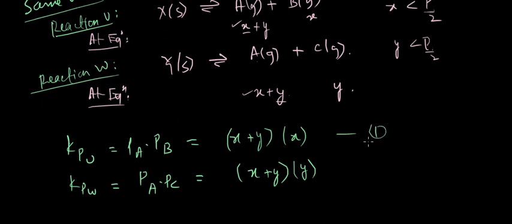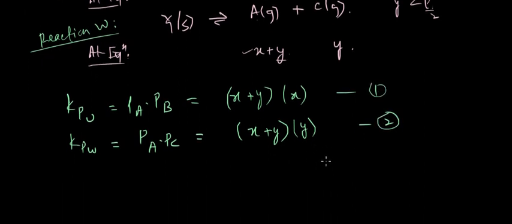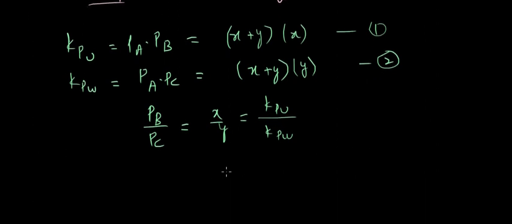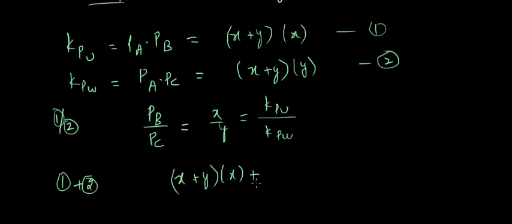Okay, so if we divide equation 1 by equation 2, we get the partial pressure of B divided by the partial pressure of C equal to X upon Y, which should be equal to Kpu upon Kpw. And if we add both the equations, then we get X plus Y times X plus Y times Y would be equal to Kpu plus Kpw.